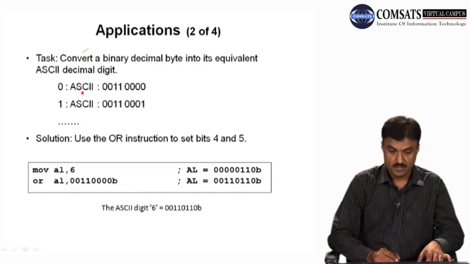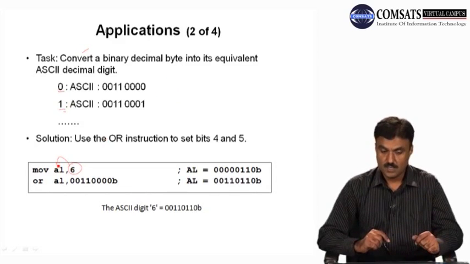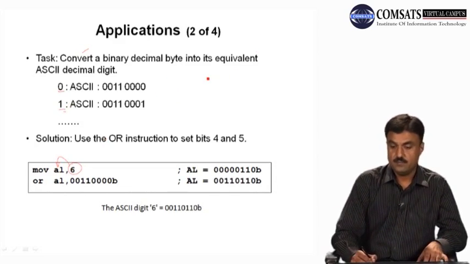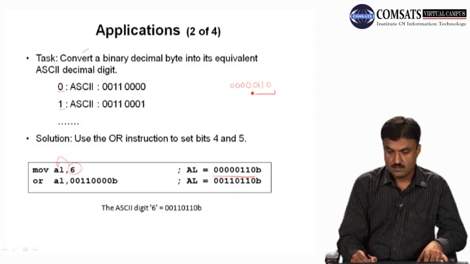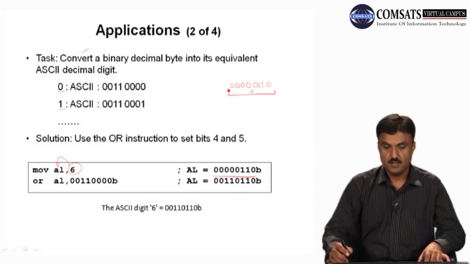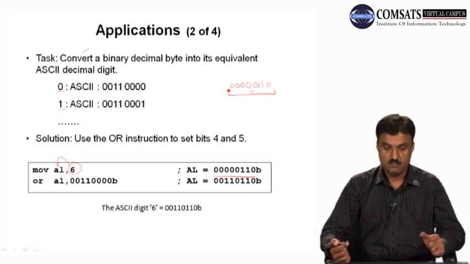For example, the binary decimal byte is, if we assign 6 into the AL register, decimal 6 is represented like this: 0 0 0 0 0 1 1 0. So this is a binary decimal byte. We use decimal numbers to show them in binary.